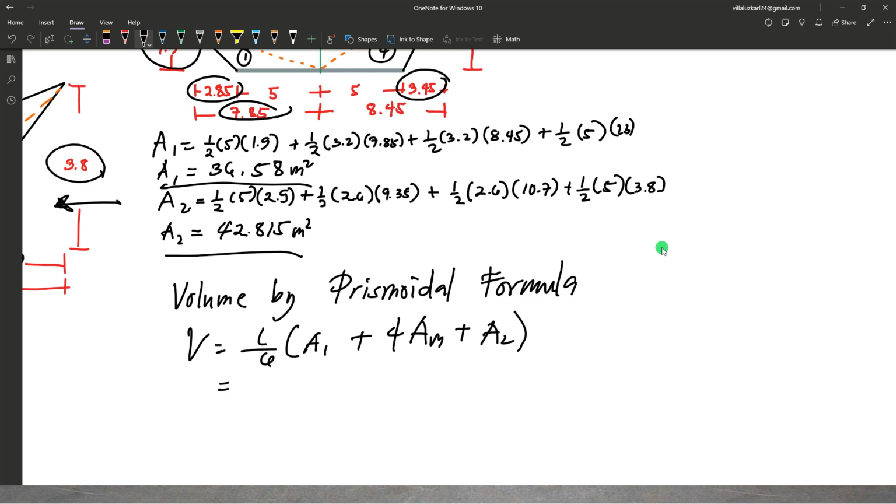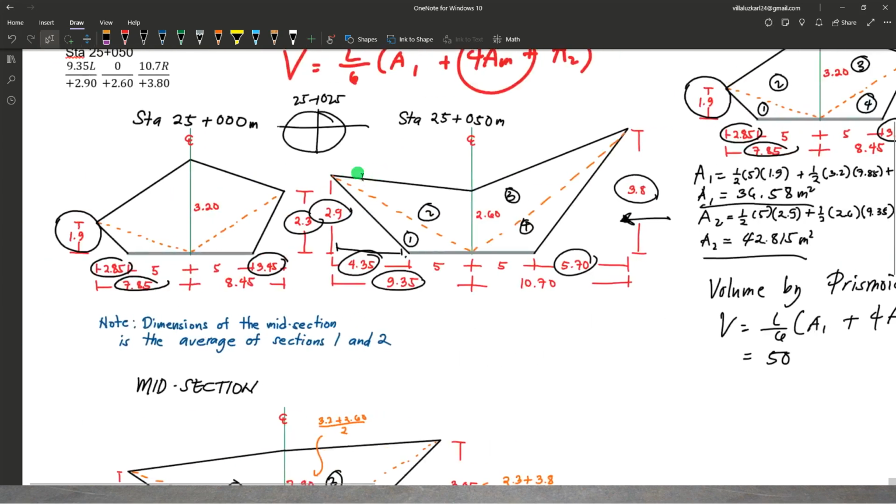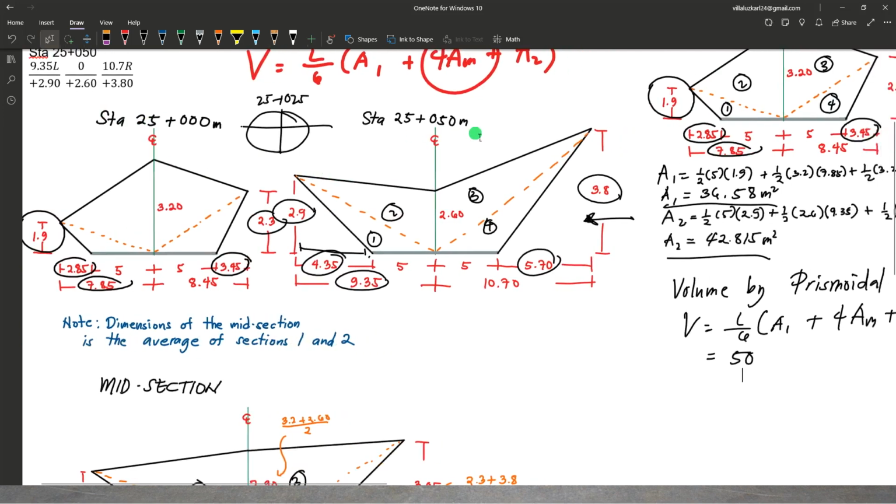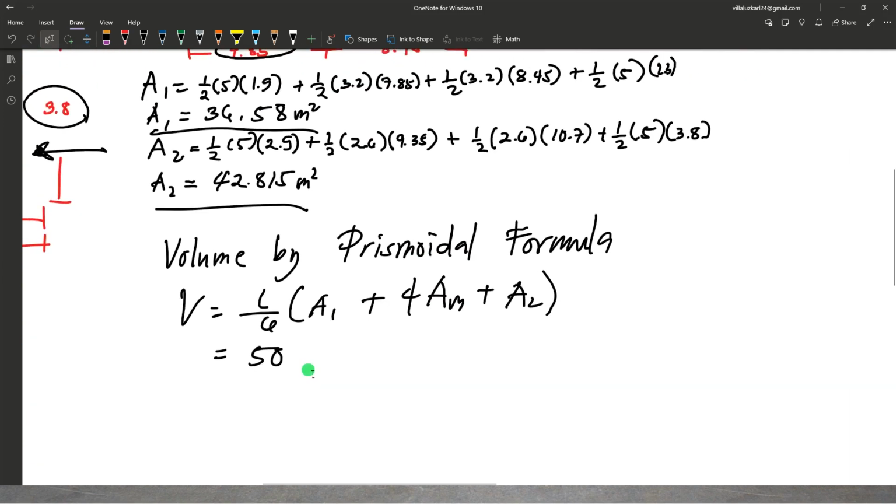Substitute that. L is the distance between the two stations, that's 50 meters, because station 25 plus 000 to station 25 plus 050 is a total distance of 50 meters.